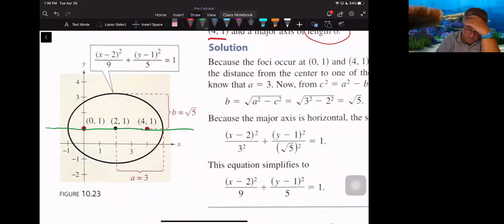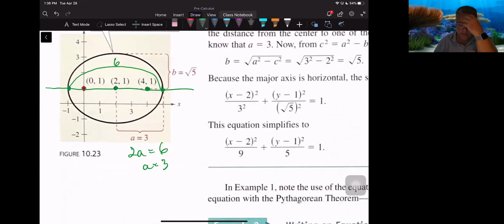Our major axis has to have the foci on it. They tell us that our length is 6. That means from here all the way over to here is 6. Therefore we know A, because 2A is equal to the length of the major axis, which is 6, so A is 3. So that tells us basically how far out the ellipse goes. Okay, so that's A. Now we need to find what C is.